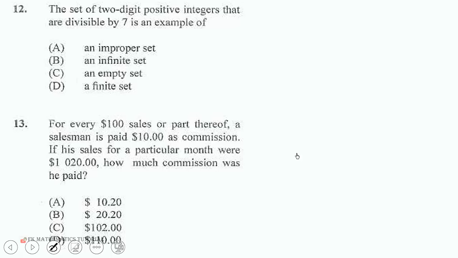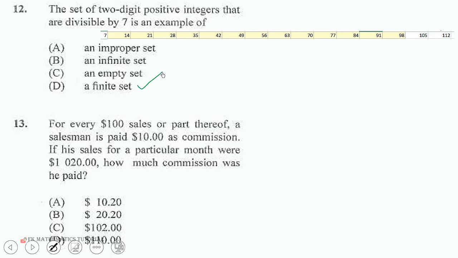So we can see the numbers that are divisible by 7 that are shown. The ones that are 2 digits are the ones highlighted, 14 to 98. So this is a finite set of numbers. So the correct option is option D.